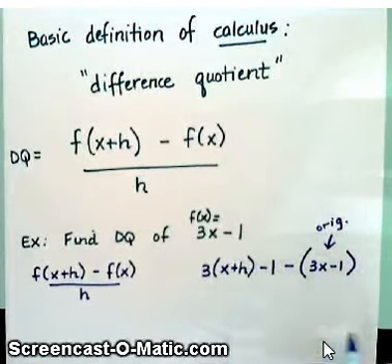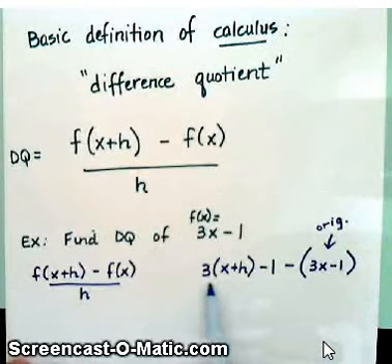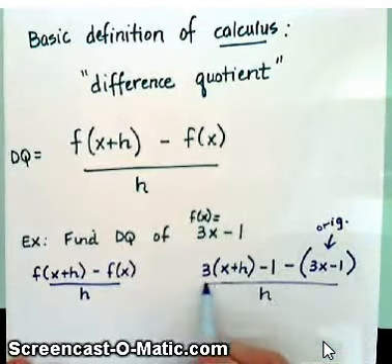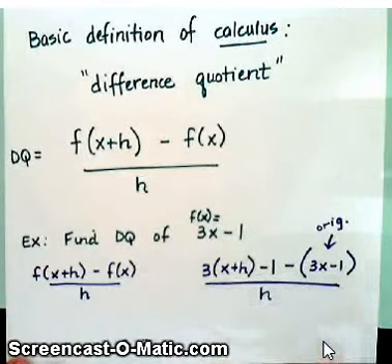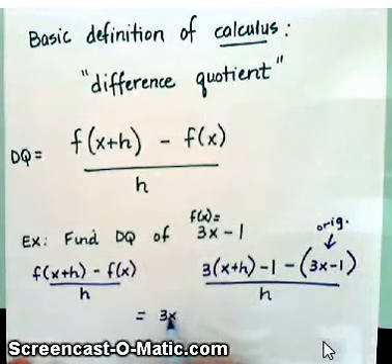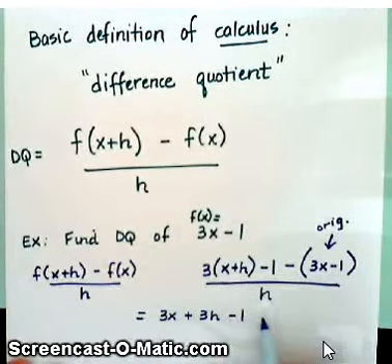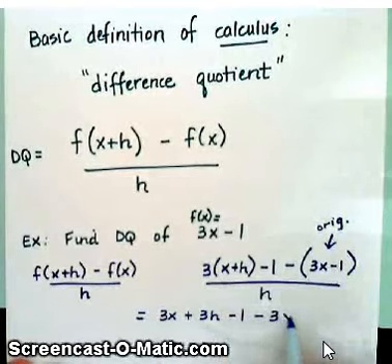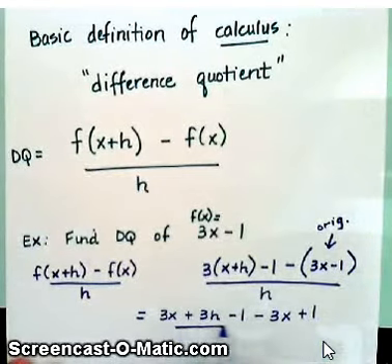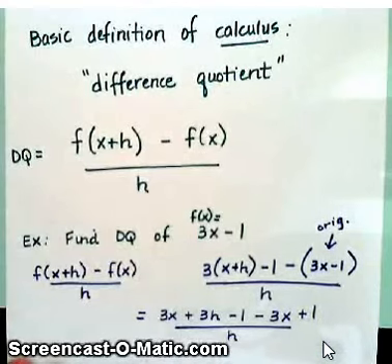And this is the function with the h put into it. And all of that divided by h. And then we just evaluate. So that comes down to 3x plus 3h minus 1 minus 3x plus 1 over h.